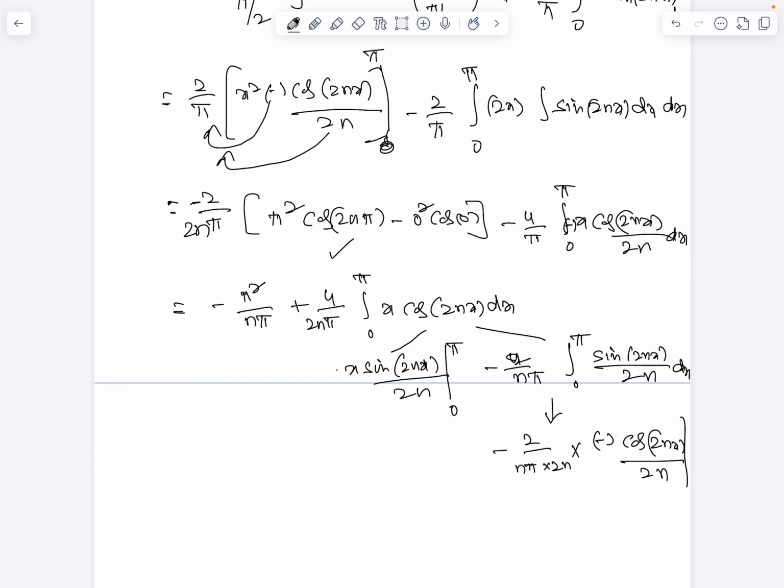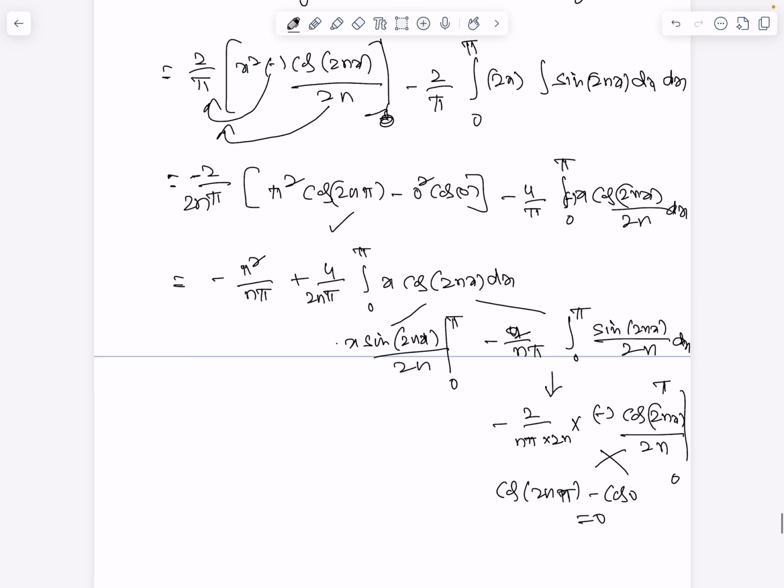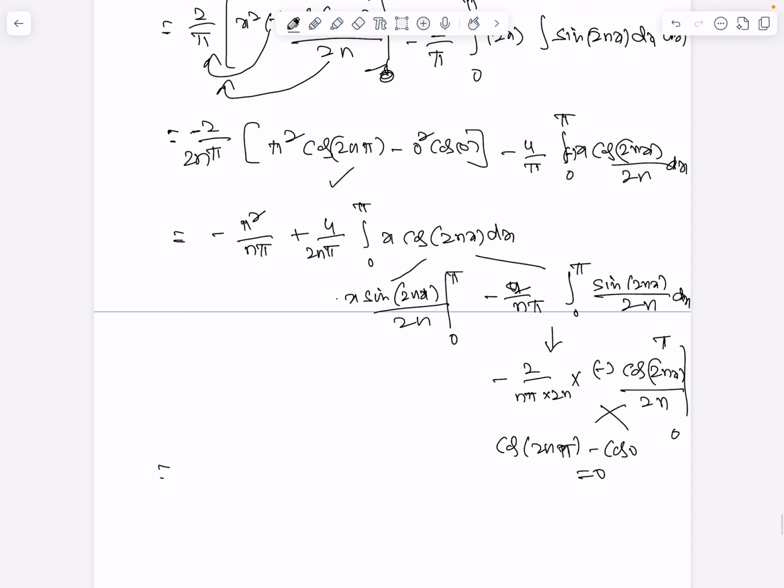Of course, here the limits are from 0 to pi, therefore cos 2n pi minus cos 0 is going to be 0. Therefore, this term also has no contribution. Only the surviving term is of the form minus pi by n, that is the bn.